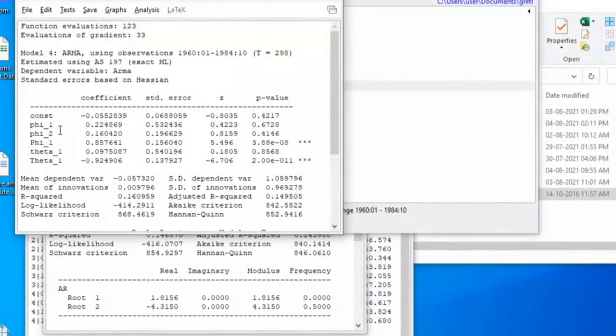Then close the bracket, then open another bracket for the seasonal part. As we have seasonal AR 1, we write 1, 0, 1. That is how we write it.